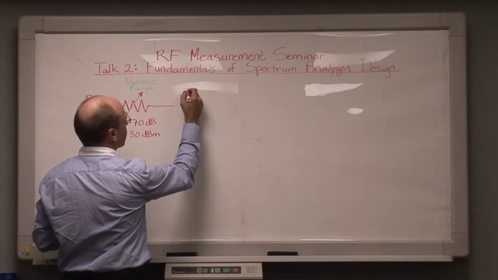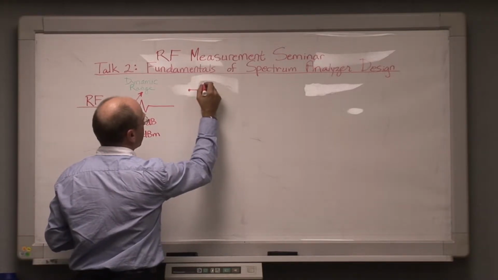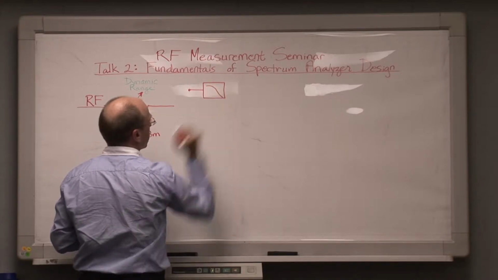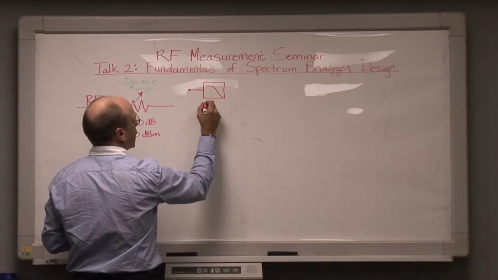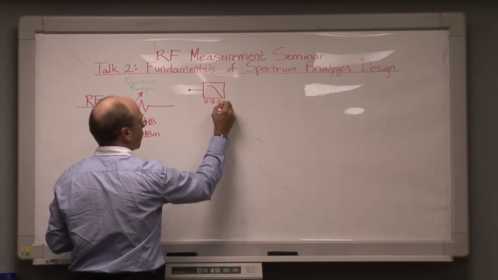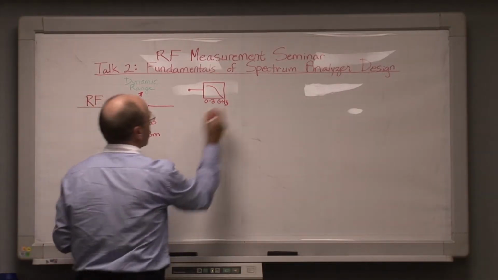Now, following the variable RF attenuator, we have a choice which is generally operator selectable. We can either run through a low-pass filter, which I'll draw like this, and this low-pass filter is generally functional over the frequency range of 0 to 3 gigahertz for most spectrum analyzer designs.